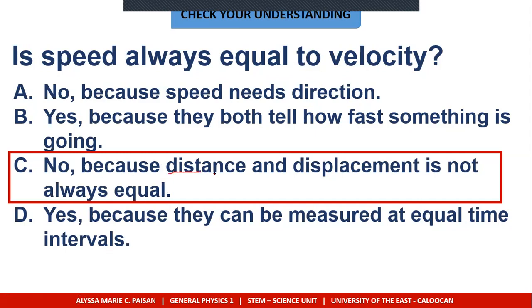So, since distance is a factor for speed and displacement is a factor for velocity, their magnitudes will decide whether speed will be equal to velocity. Again, same condition: the speed will have the same magnitude as velocity if the object is going towards one direction. If the object moves from one direction to the other, the distance will not be equal to displacement. Therefore, the speed will no longer be equal to velocity as well.